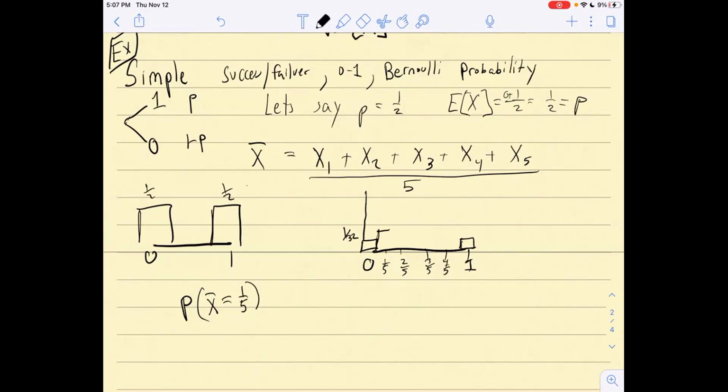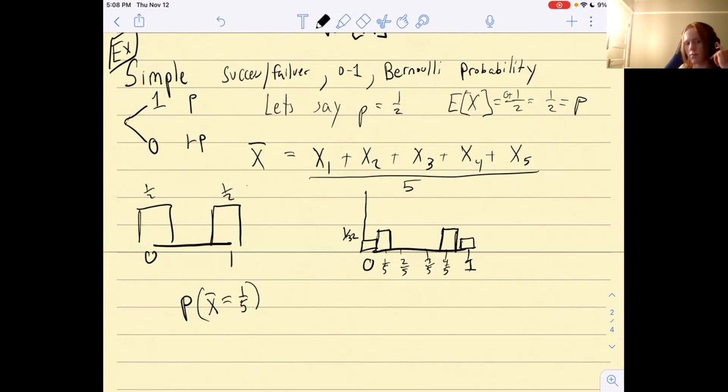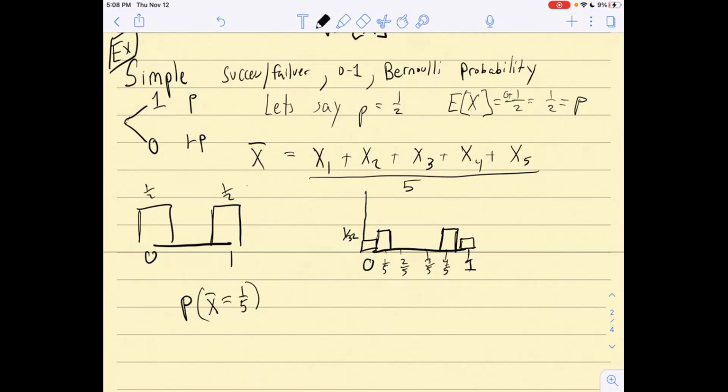It'll be 5 out of 32. This one would also be 5 out of 32 because, remember, 5 choose 1. And what's the middle number? How many ways are there to get 2 heads out of 5 flips? 10. Nice, because it's 5 choose 2. So this would be 10 out of 32, which is about a third.